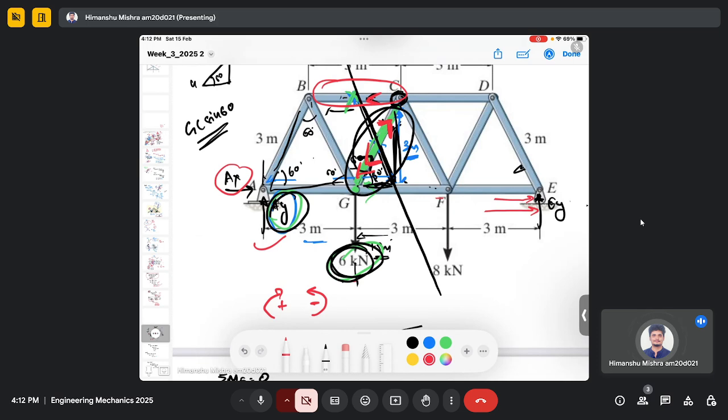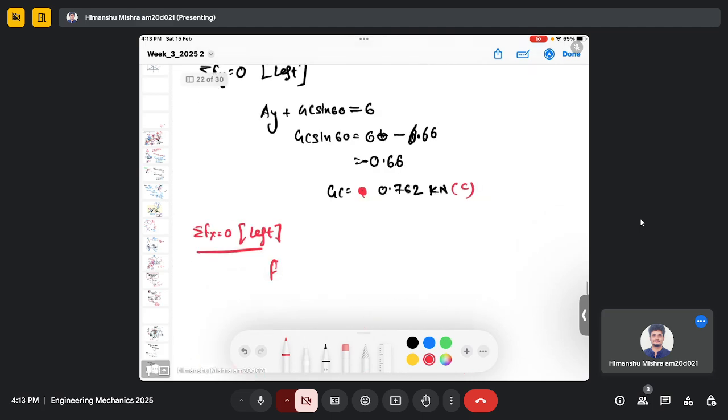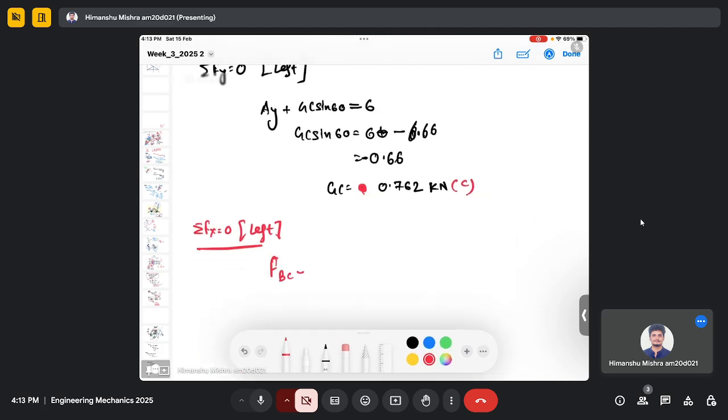This is my assumed direction, so it is FBC positive and negative x component of GC. GC cos 60 equals 0.